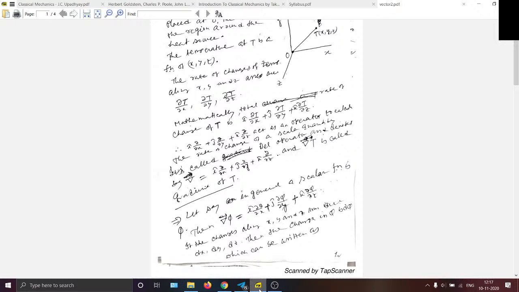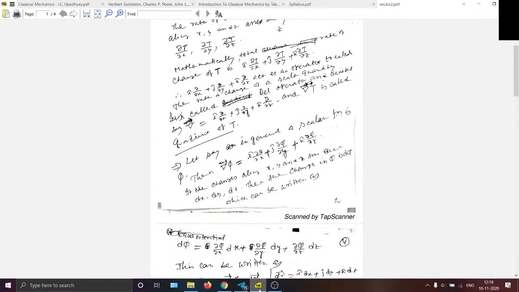Here T is a scalar quantity. This operator is called the del operator, and we write it as a capital delta.